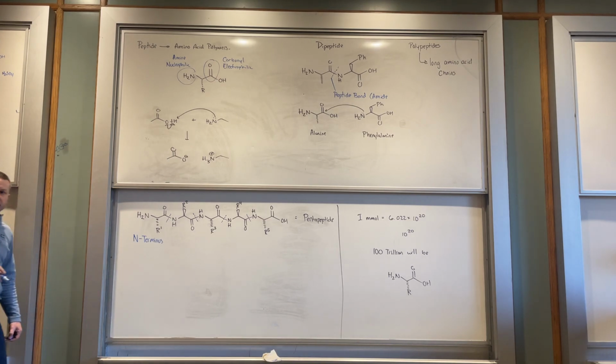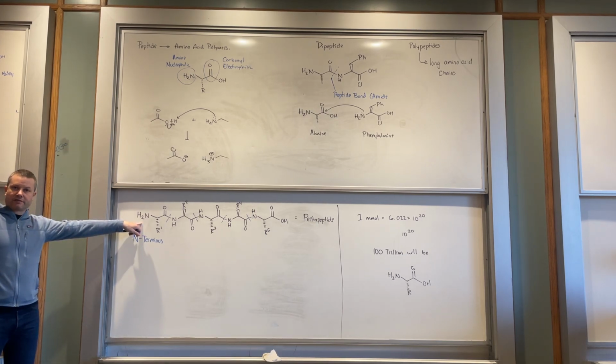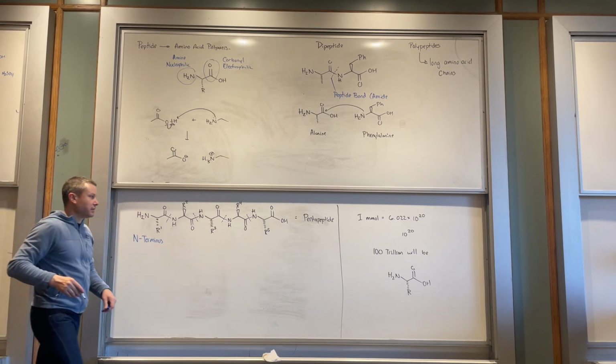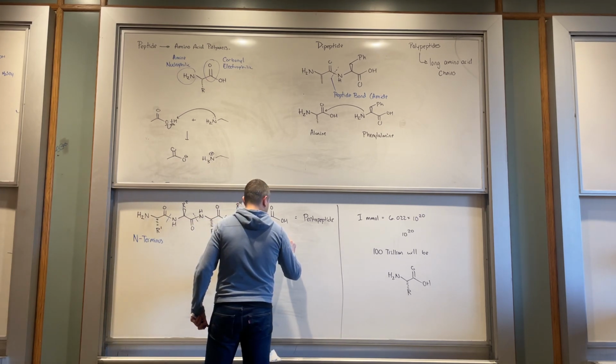In this polypeptide, we can identify one end versus the other end by referring to the end that has a free amine as the N terminus, and then the other end that has the carboxylic acid we refer to as the C terminus.